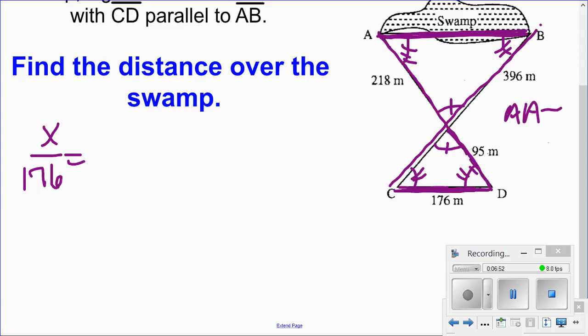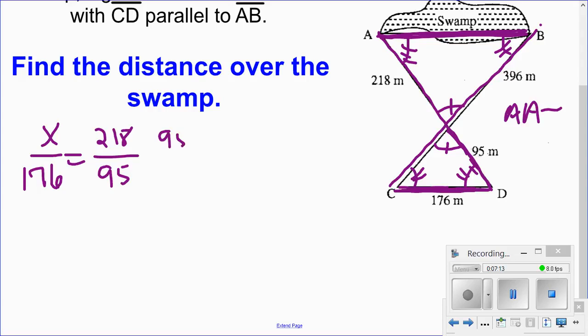So small in this proportion is on the bottom in the denominator, so 95. And then I have to go to this corresponding side in the larger triangle, so between the 1 and 3 angle, that's 218. So I'll cross multiply and solve.